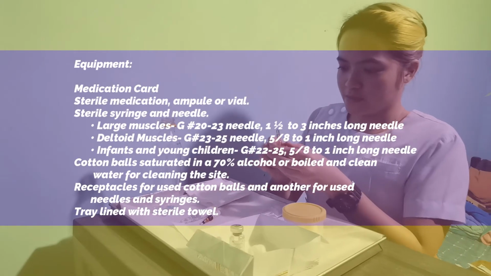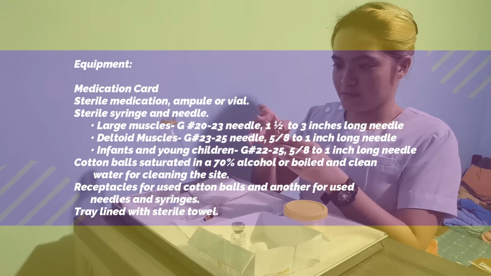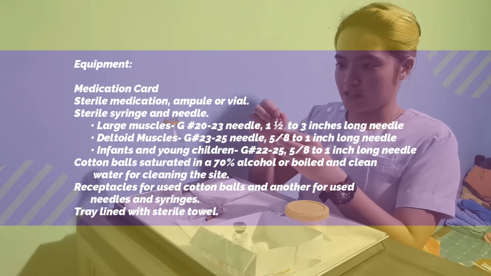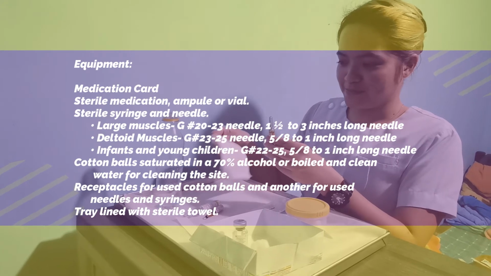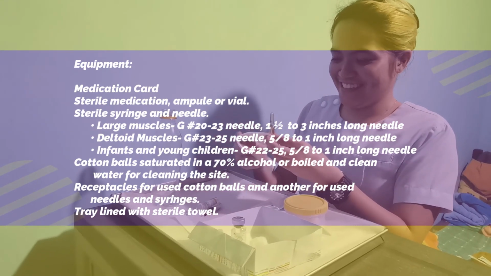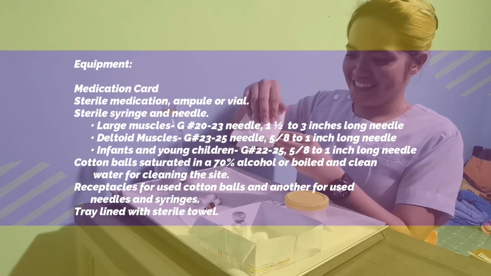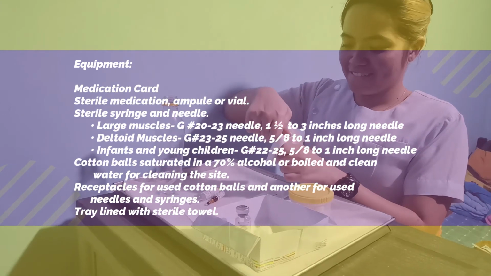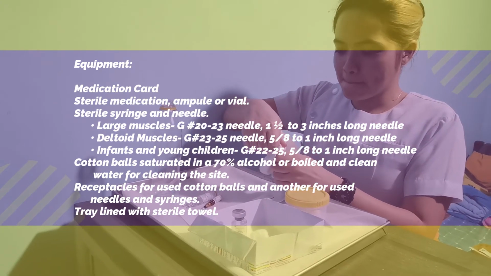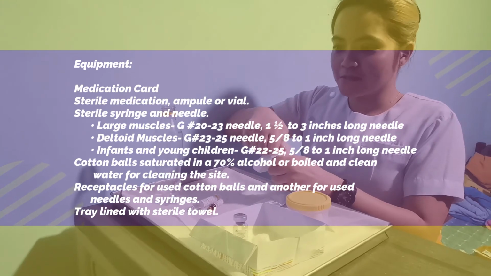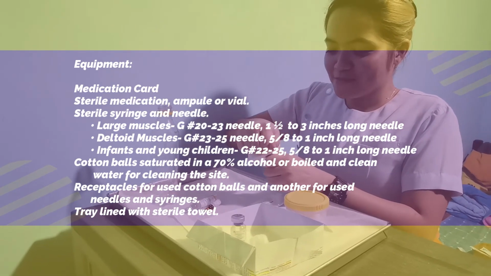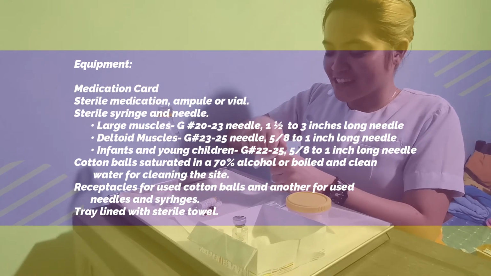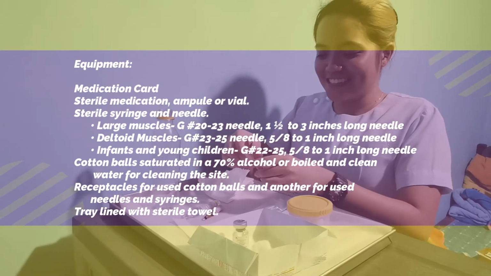Equipment: medication card, sterile medication, ampule or vial, sterile syringe and needle, cotton balls saturated in 70% alcohol or boiled and clean water for cleaning the site. Receptacles for used cotton balls and another for used needles and syringes. Tray lined with sterile towel.